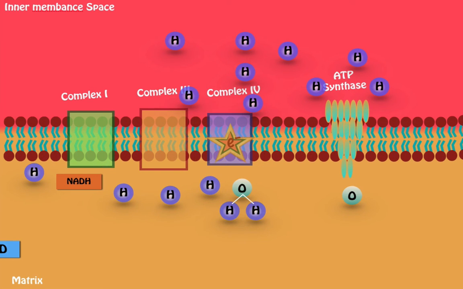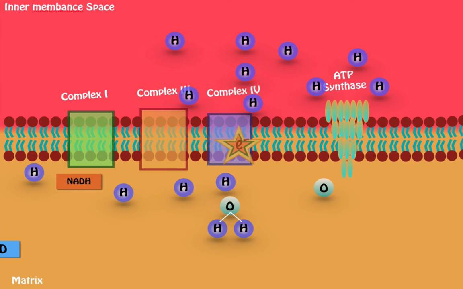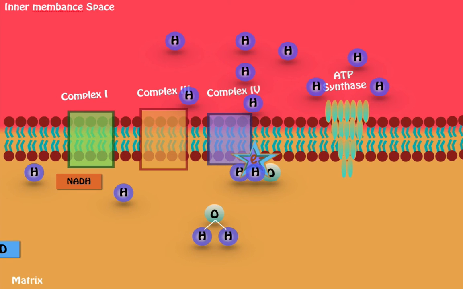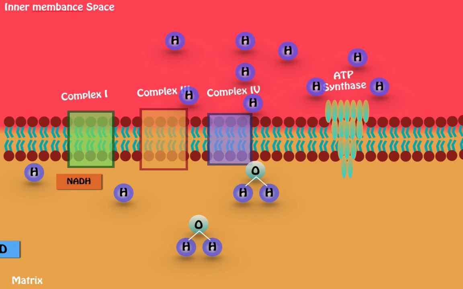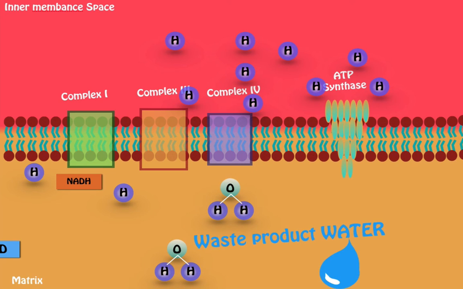And then here comes the next electron again. It's using its energy to push hydrogen ions across the membrane. Okay, and it goes to meet our final electron acceptor, oxygen, to then make a water molecule, H2O.